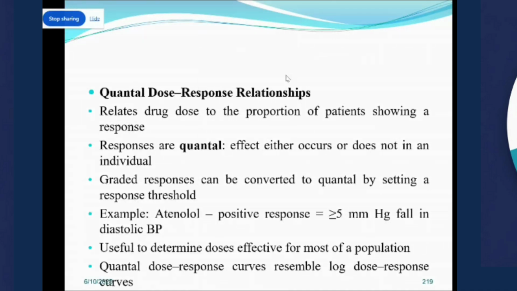Now, what does that mean? What do we mean by quantal dose response? What do you understand by that sentence? A quantal dose response relationship describes a drug effect which is binary, either present or not present.